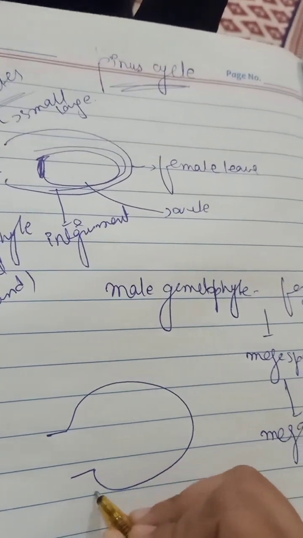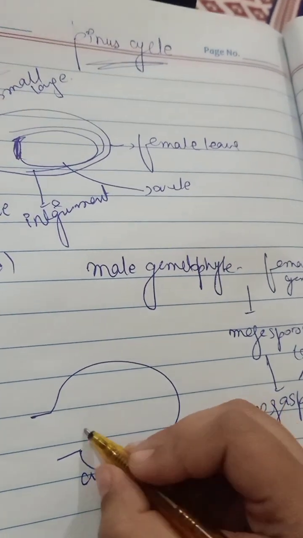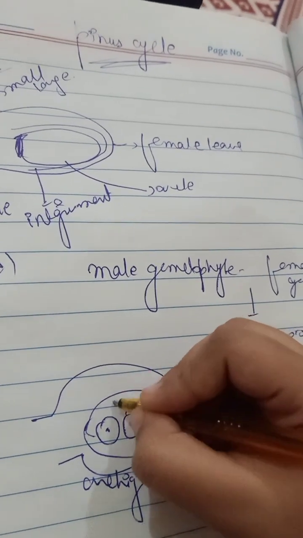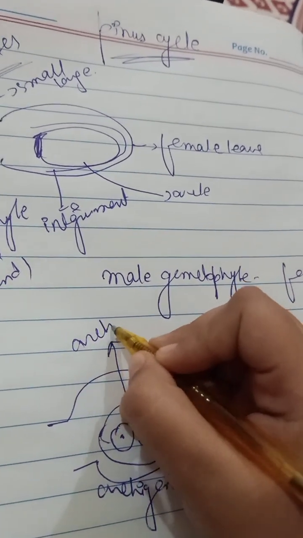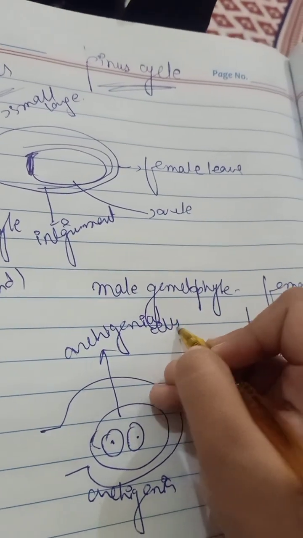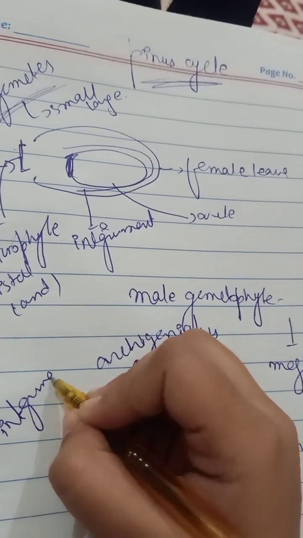This is the archegonia, which is the female sex organ. And here we have the archegonial cells. And this is the integument of the ovule. That is the female.